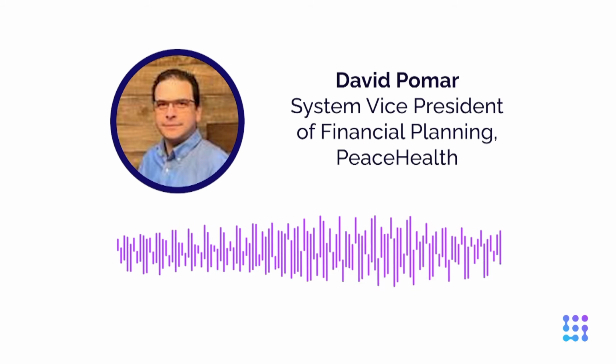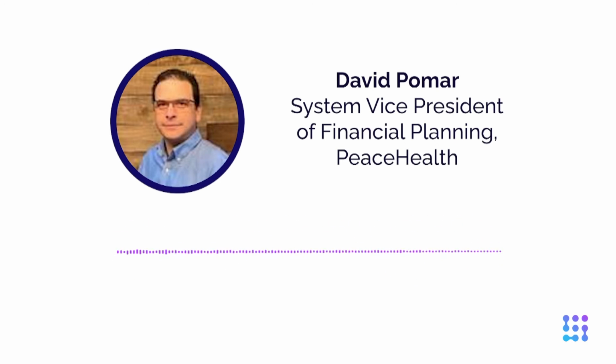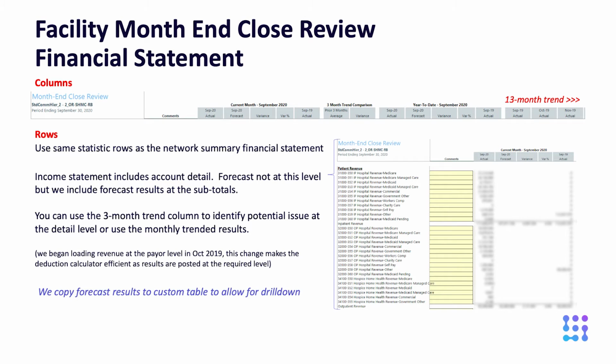So we look at the variance for the forecast, but we also look at the variance to the 3-month trend at the account level. What we're able to do is identify which account to drill down on based off of this 3-month trend, but we can compare the overall subtotal to see where we have an issue. So there are various levels of review that we do.